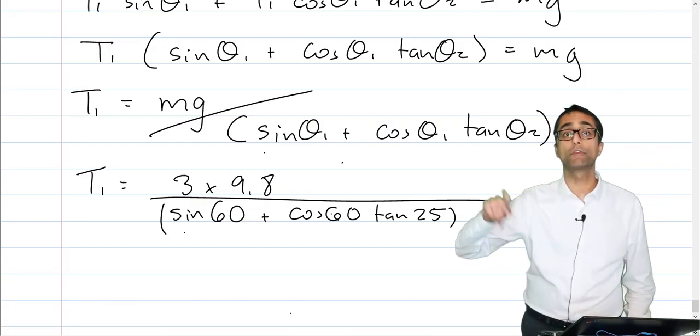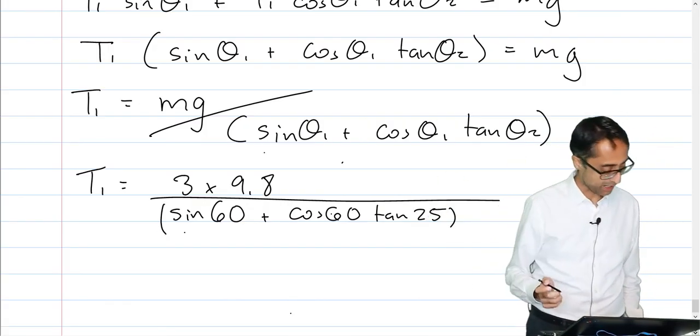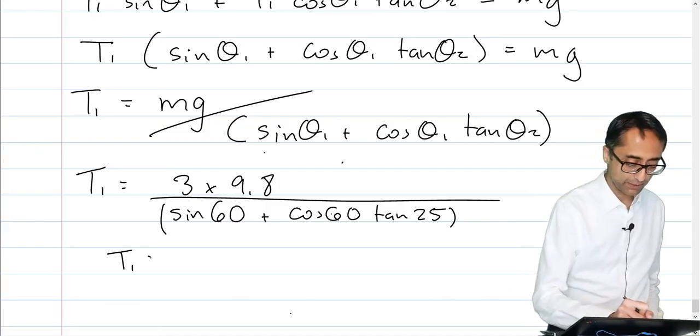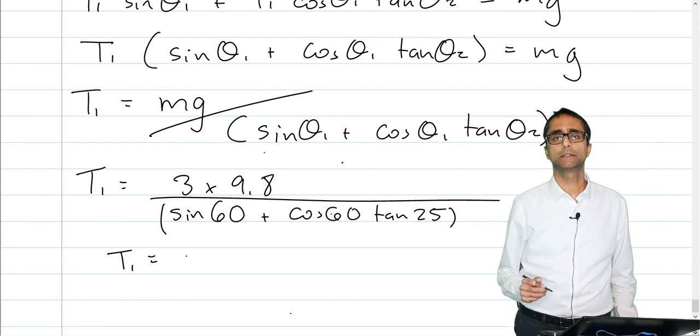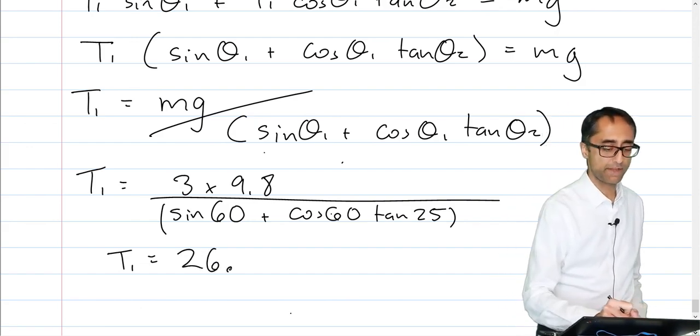Now remember that we're solving for T1 specifically here. This is the tension in our first rope. And if you plug that into your calculator, what do you get? I think I hear somebody saying 26.7 newtons.